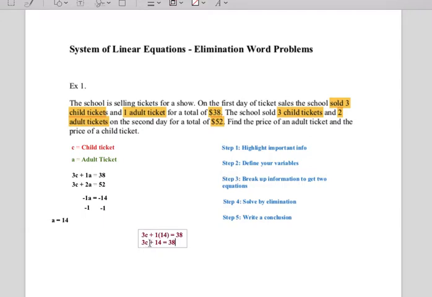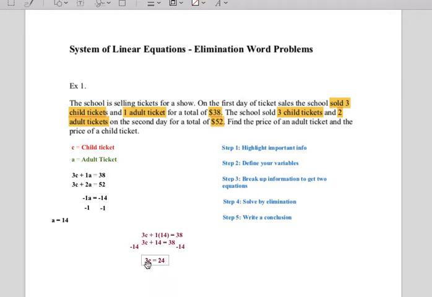Now what we need to do here is we need to get the c by itself. So we need to minus 14 from both sides. If we minus 14 from both sides, it gets rid of 14 on this side and it gives us 3c on the left, and it gives us 24 on the right.